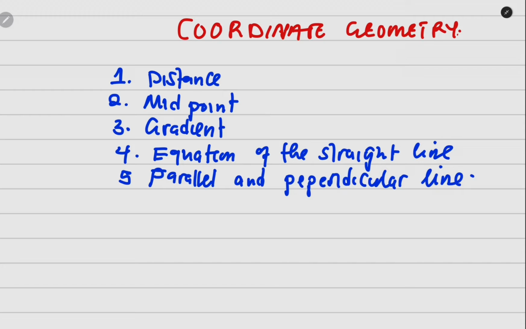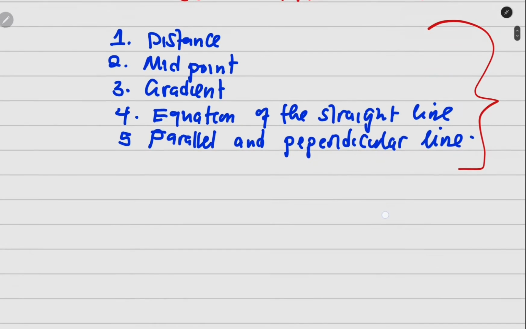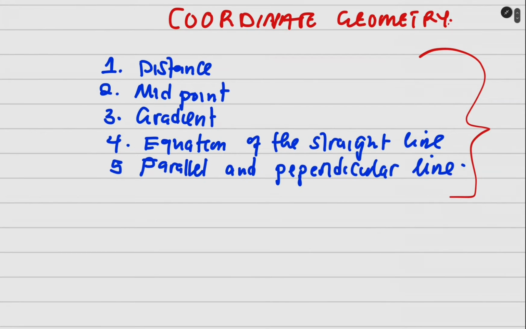So that is what we are going to basically look at. So this brings us to the end of the whole topic, that is coordinate geometry. We should be able to cover these within a few minutes. So let us start with the distance.